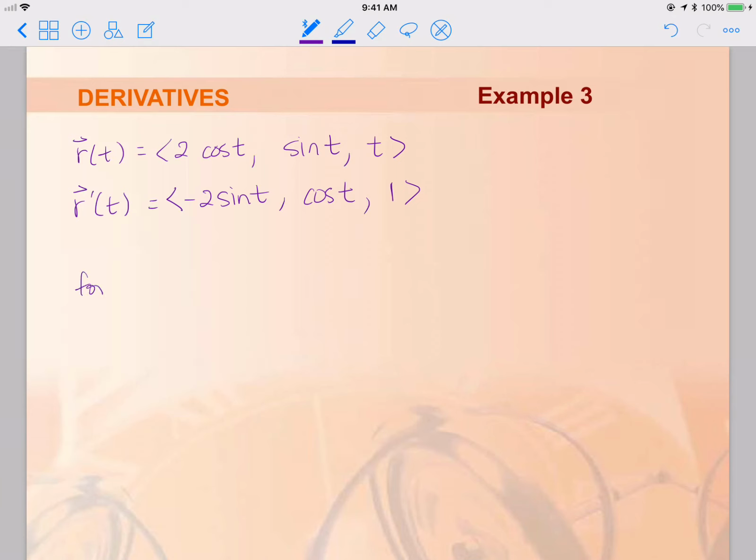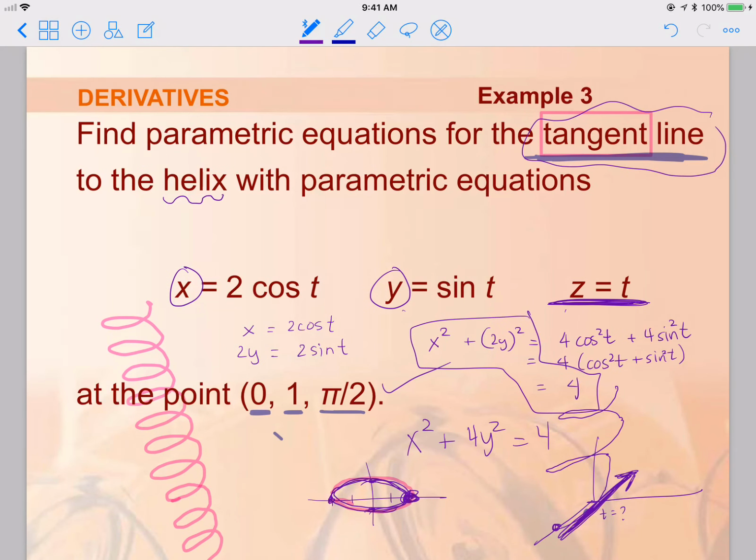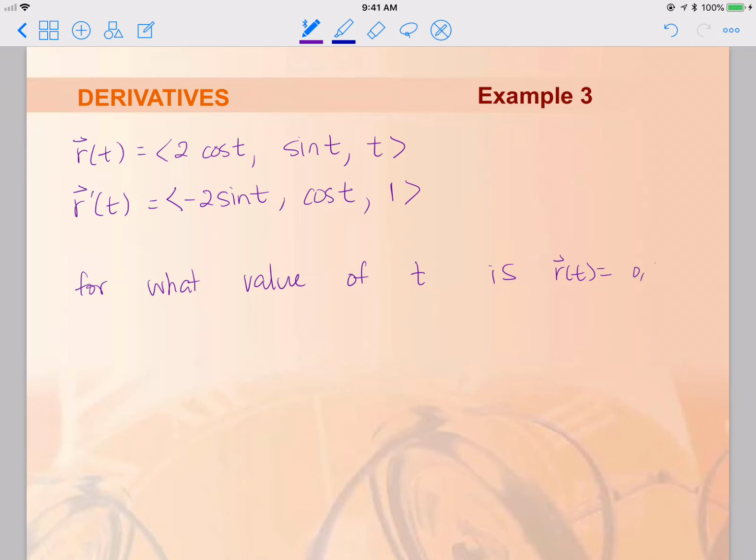So for what value of t is r of t equal to 0, 1, pi over 2? So that's our question. And our answer is, well, not so shabby, because look, do you see here?